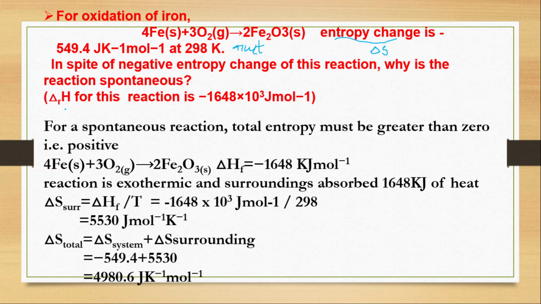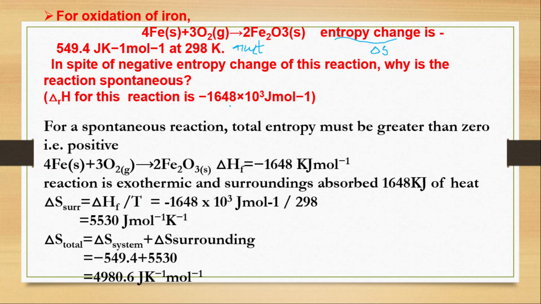If you check here, the enthalpy of reaction for this reaction is minus 1648 into 10 to the power of 3 joule per mole. That is nothing but the enthalpy of reaction. Some amount of energy is liberated here.